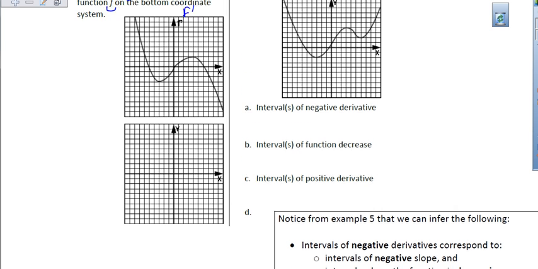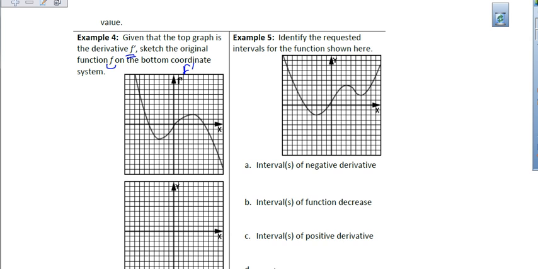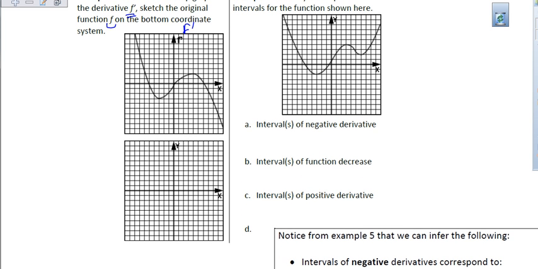So let's identify some of the interesting points. Well, here the derivative is 0. The derivative is 0 here. The derivative is 0 here because it crosses the x-axis, and it's 0 there.